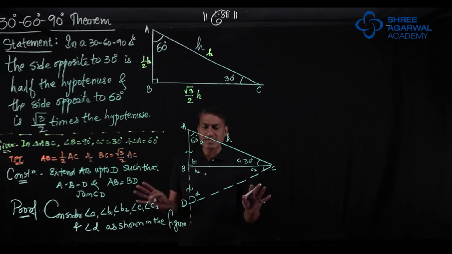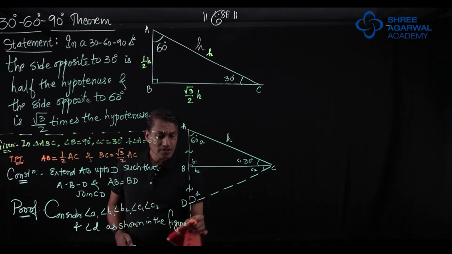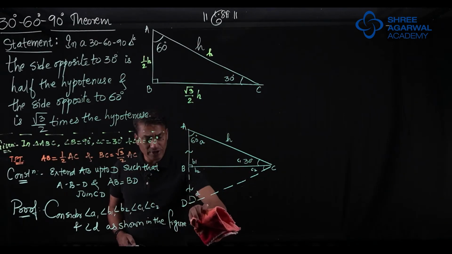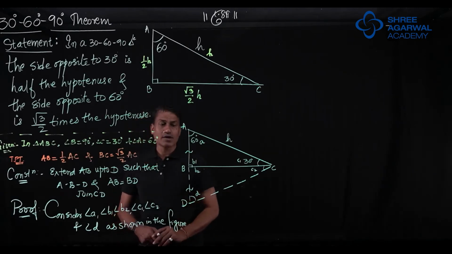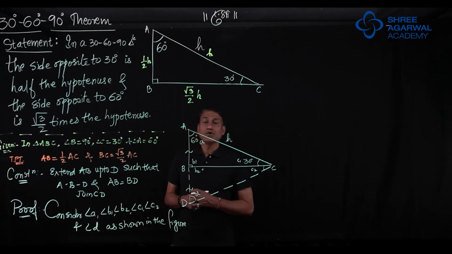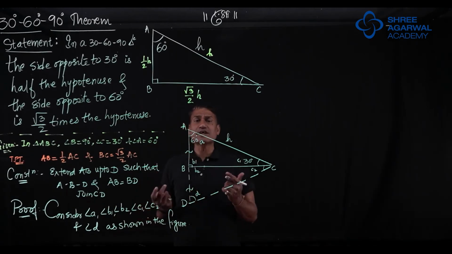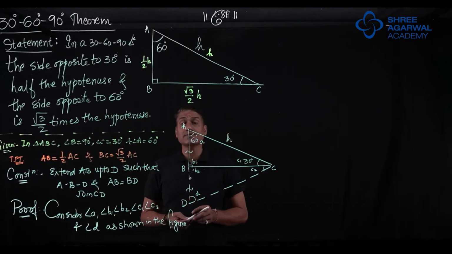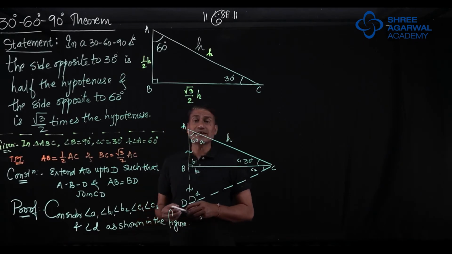Now our construction is ready. This part we will not need, so we will remove it. Now it makes sense, and now we will go ahead. You know that if two triangles are to be proved congruent, there are some tests. What are the tests?